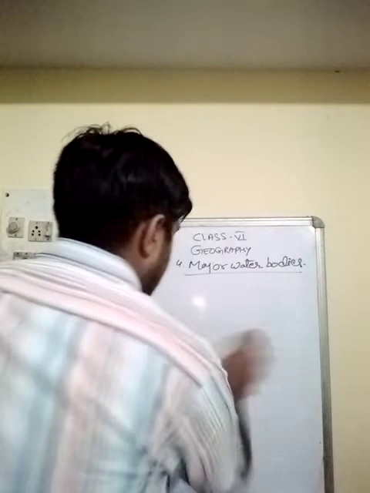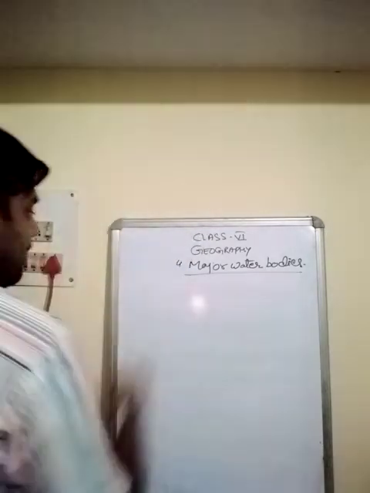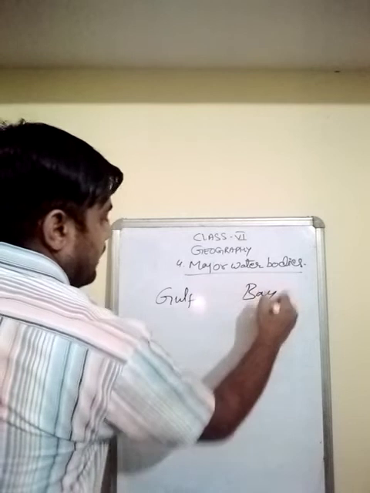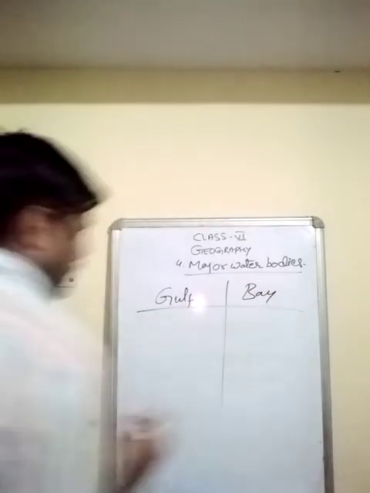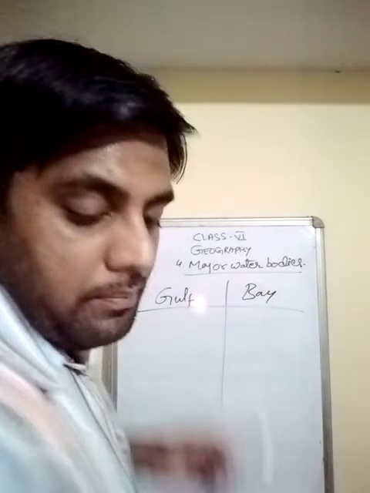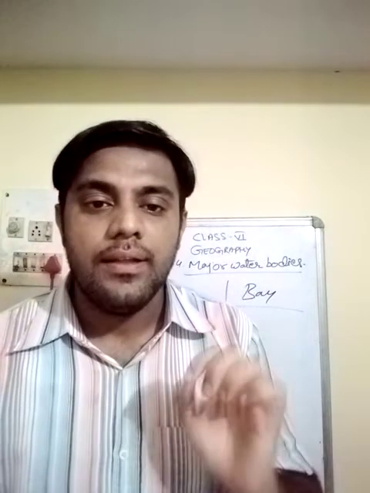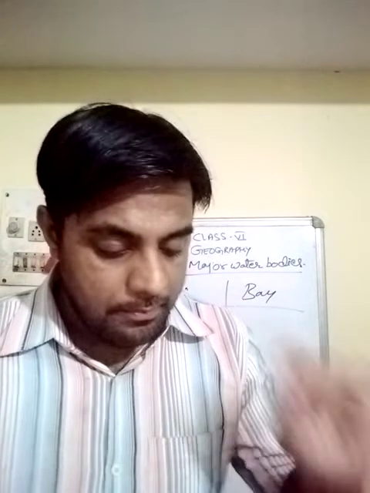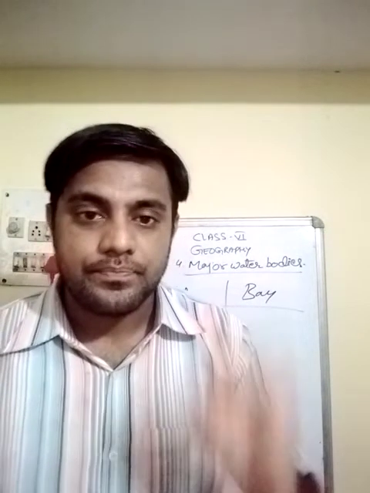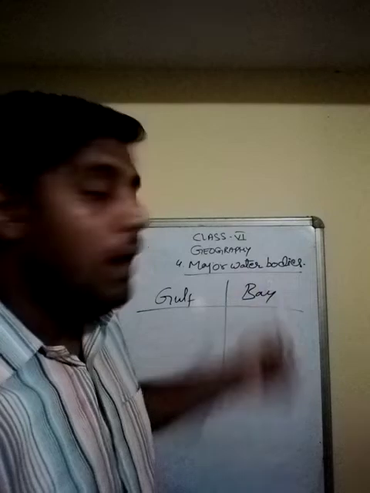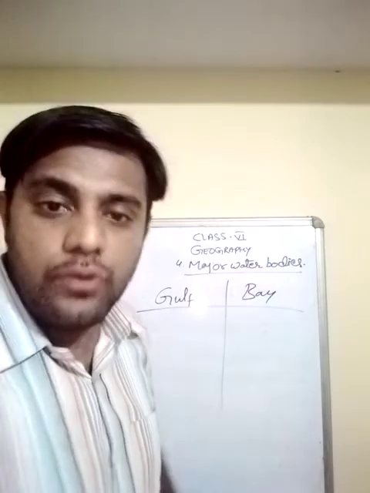Now you are going to learn about two of the most confusing terms ever, gulf and bay. I call them confusing because they almost feel the same, but there are basic differences which make sure that these two are not the same. That's what you will be learning.